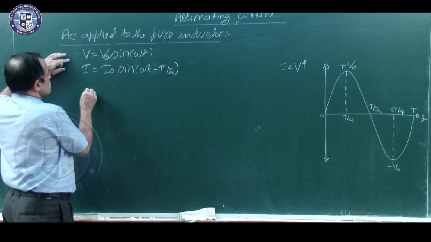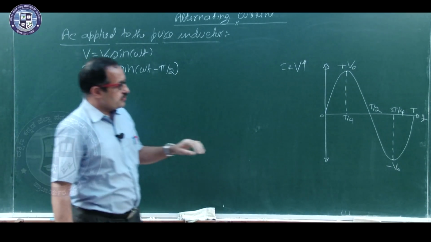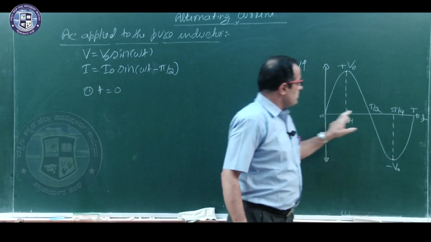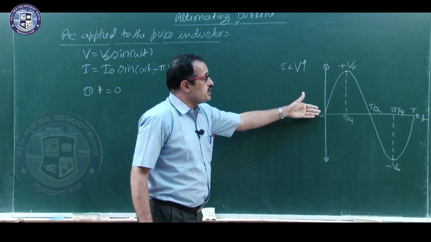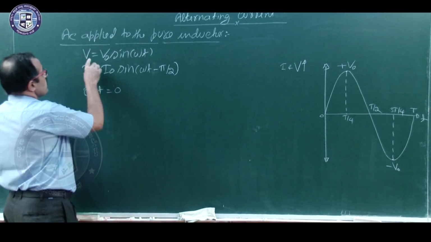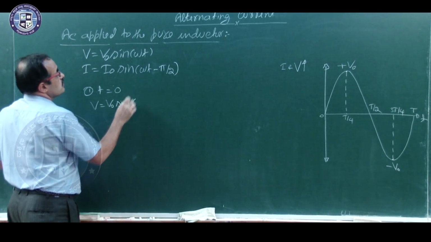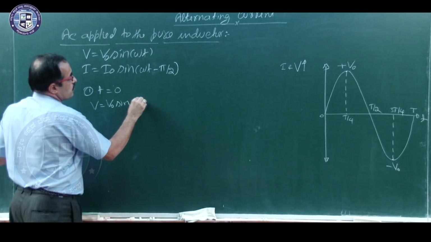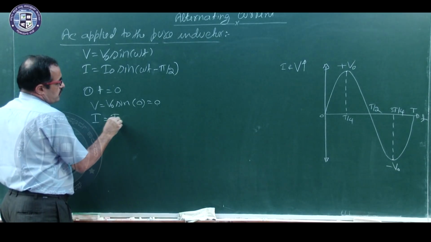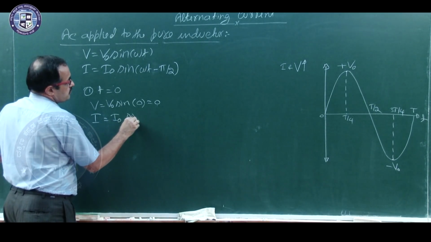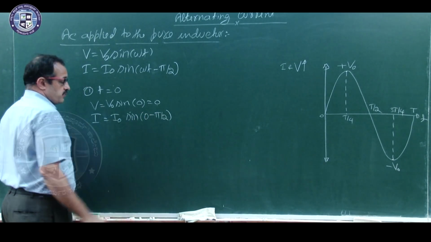So, now I am taking time equal to 0, means it is the starting point here. When time equal to 0, what is the voltage? 0. So, V is equal to V naught into sine omega t is 0, that is 0. Like that, current I is equal to I naught sine omega t 0 minus pi by 2.